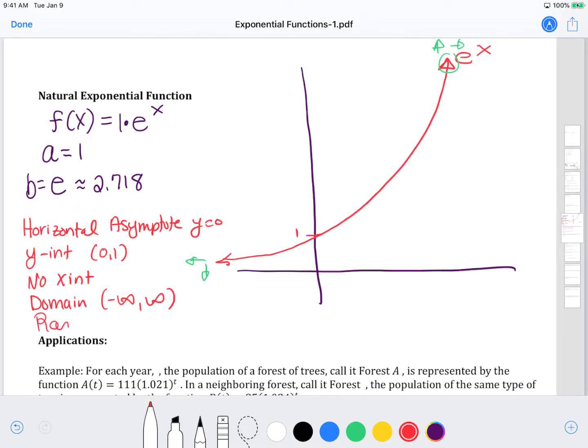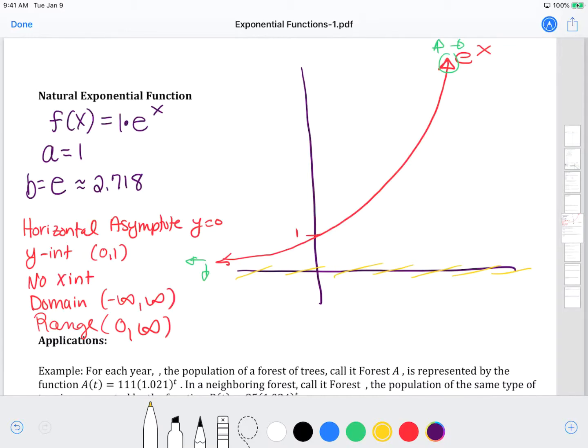And my range is going to be from 0 to infinity, because we have this horizontal asymptote where it starts at 0 but doesn't actually touch 0. It keeps getting closer and closer to 0 but never actually touches 0. So since it never touches the x-axis, it's going to be anything greater than 0 and up to infinity.